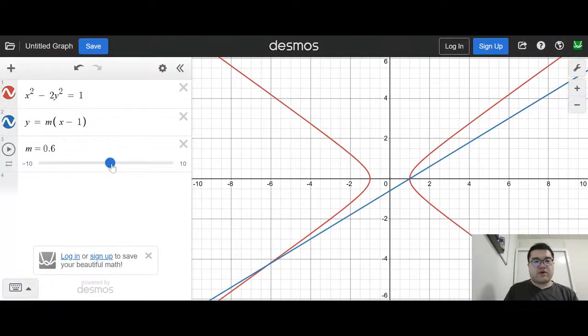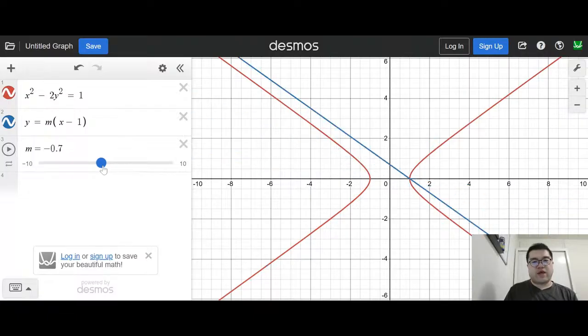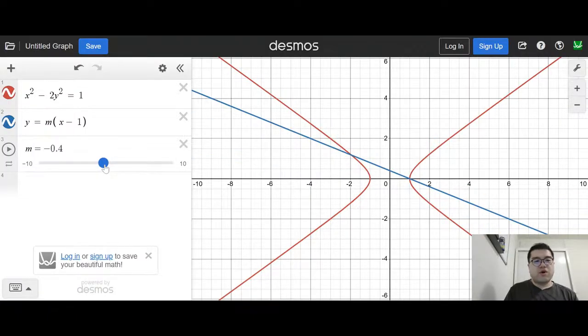And if m is negative, say negative 0.4, the other point ends up in the second quadrant, which again shows that the x value will be negative instead of positive. Okay, good.